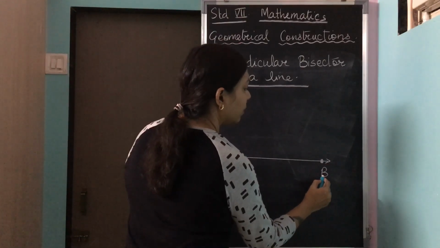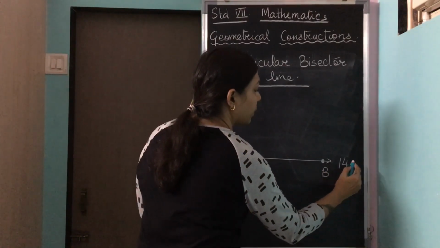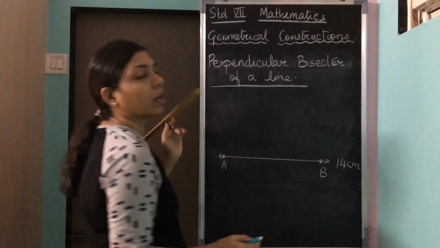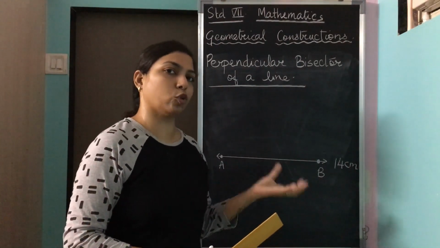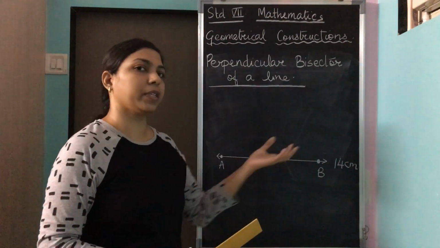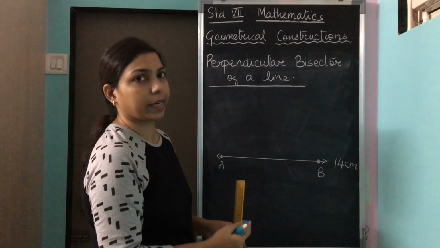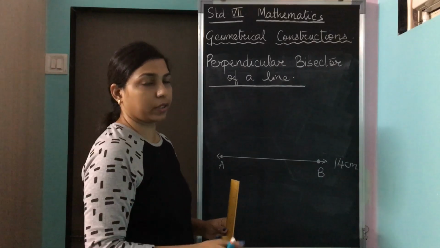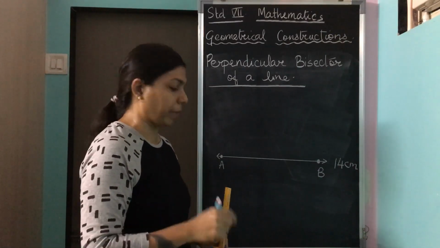Okay, and the measurement of this line is 14 centimeters. Now if I divide this line into two equal parts, I will get two parts which will be 7 centimeter and 7 centimeter. Okay, but when I am going to draw that line, I need to make sure that it is going to be a 90 degrees angle, a perpendicular bisector.